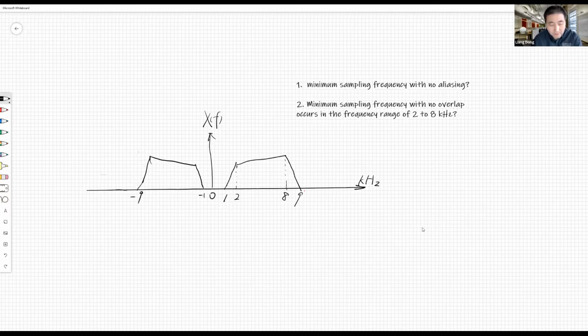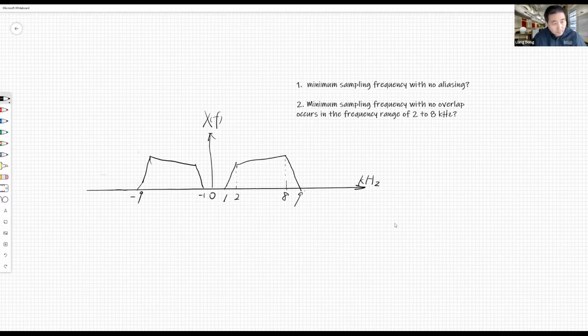what this folding effect does. How is it related to the sampling frequency Fs? If I want to have no overlap within 2 and 8, we know that any discretization in the time domain will give me a periodic copy of this entire frequency range, from negative to positive.